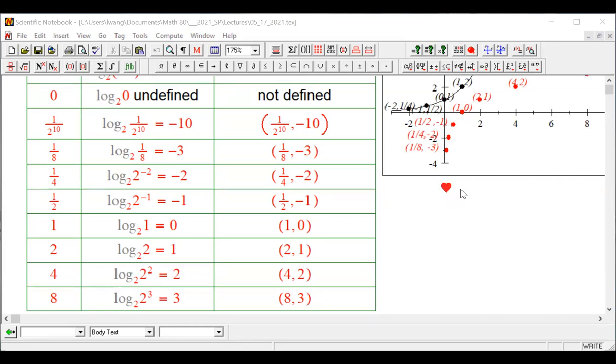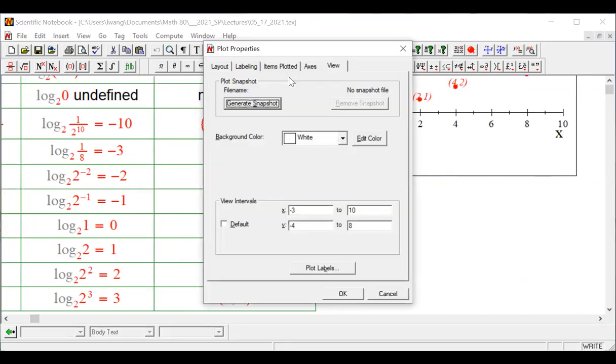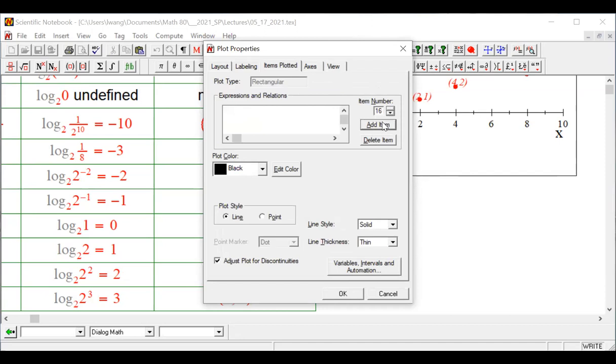Maybe it's here, right? And the curve will be the consequence of connecting all these dots. You can see negative 10 is very low, and this input is very close to 0, but is not 0. So as a result, if we connect these dots, we're going to see the picture of log base 2 of x.